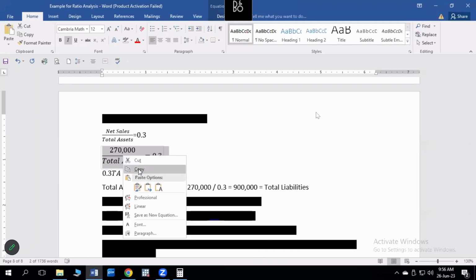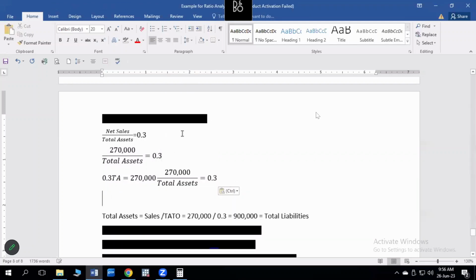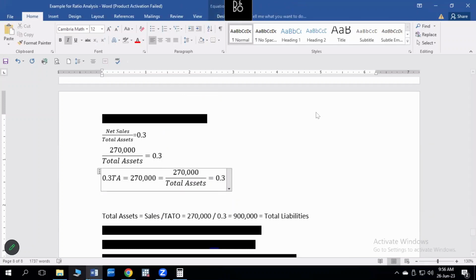So you can take the total assets. Total assets equal to 2 lakhs and 70,000 divided by 0.3. It becomes 9 lakhs. 9 lakhs.